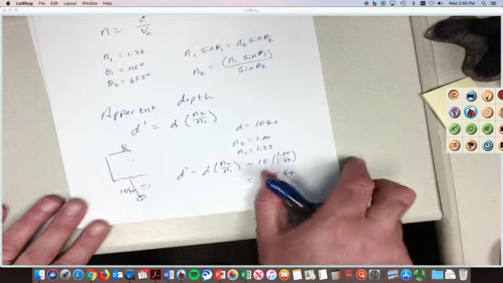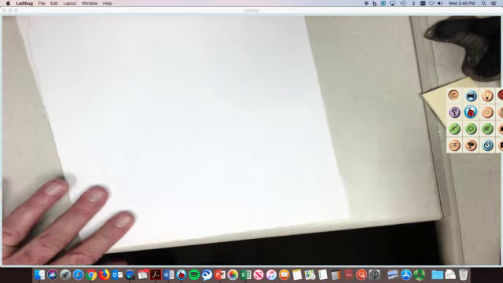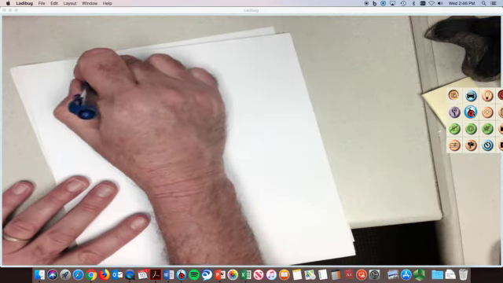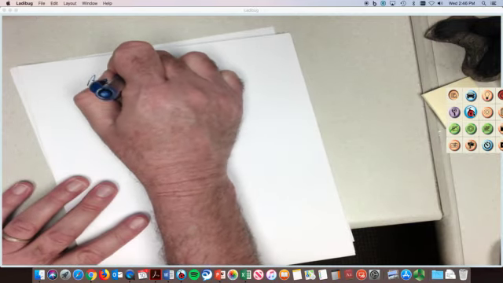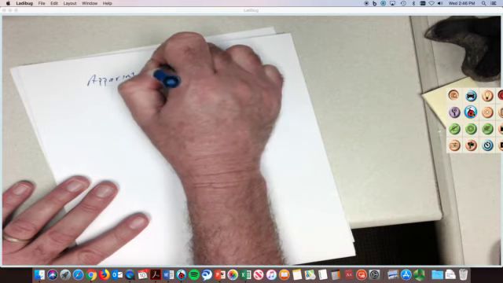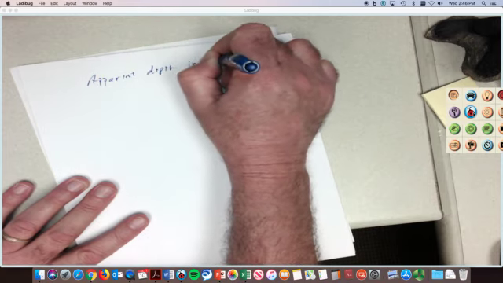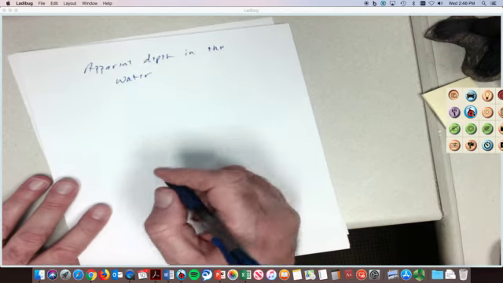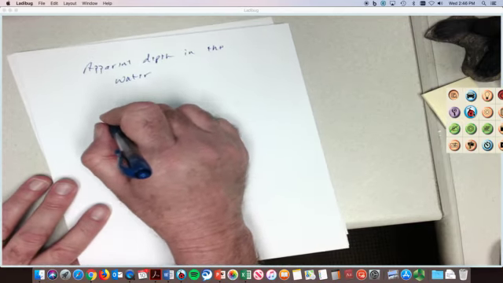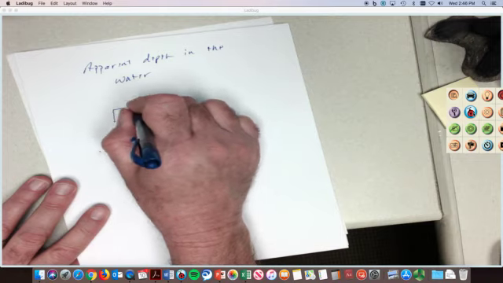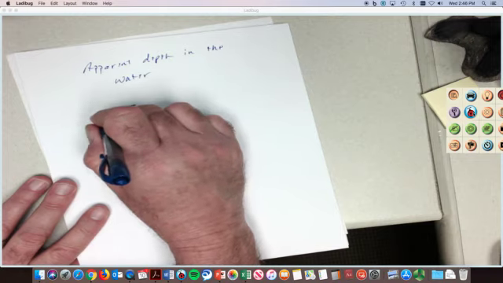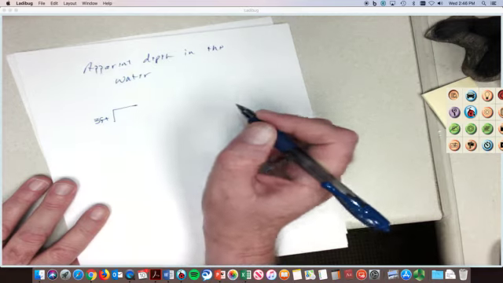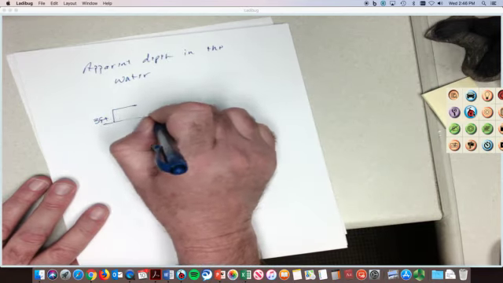Now, the flip side is if you're in the water. So now let's say apparent depth when you're in the water. When you're actually in the water and you're looking at the 3-foot diving board, it looks pretty far away.